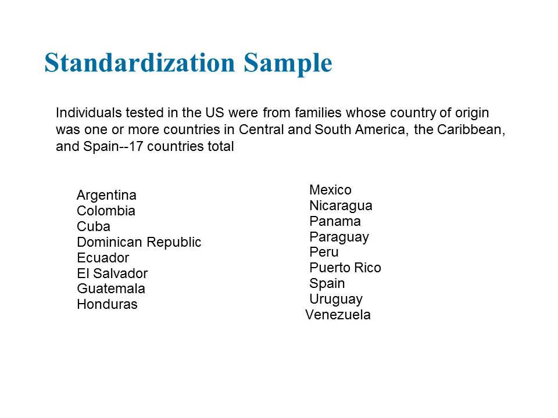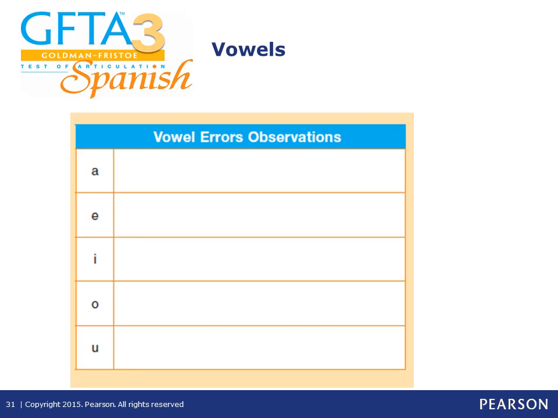All of these dialects are represented in the sample. So again, if the individual speaks a specific dialect that causes a variation in sound production, score it as correct. Don't penalize an individual for a dialectal variation.